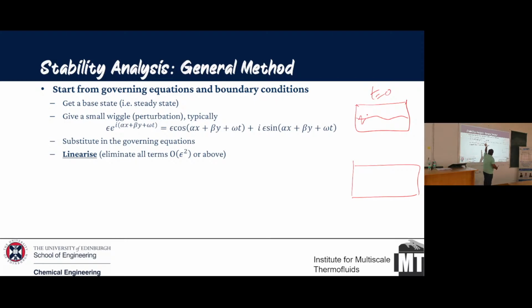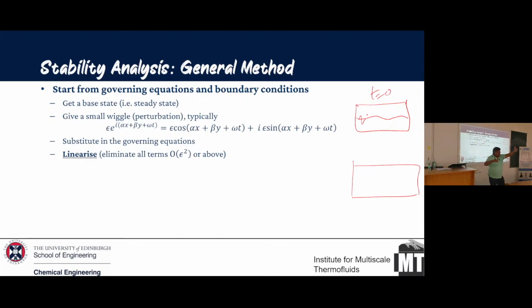Actually, the real growth rate gives you the wave numbers, that is the most unstable mode, and the imaginary one gives you the most dangerous frequency. What is the frequency at which your waves would be most active? Okay, so both the real part and the imaginary part give you a lot of information there. Okay, what we then do is, if you have a steady state, we substitute this in the steady state and we linearize the governing equation.